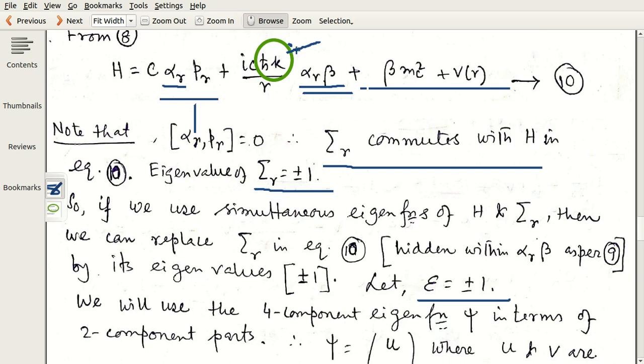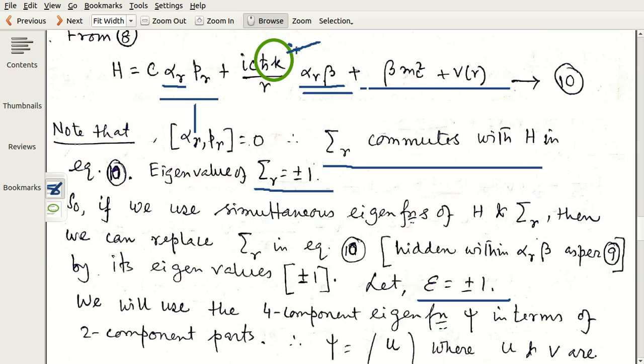In the angular momentum operator, there are spin coordinates and orbital angular momentum, that means angular coordinates theta phi along with spin coordinates. So those coordinates come through k.